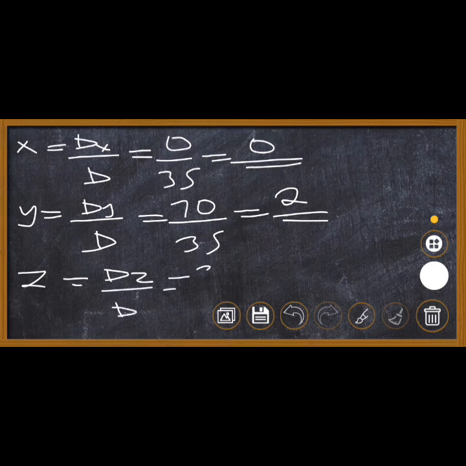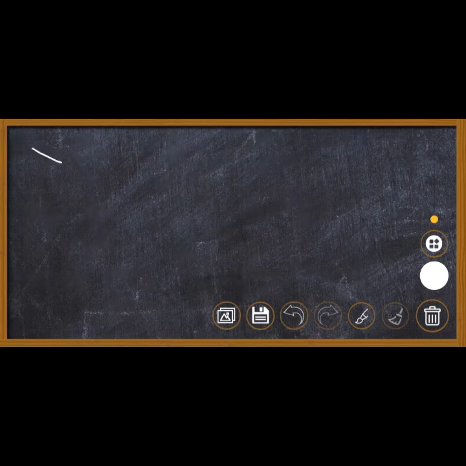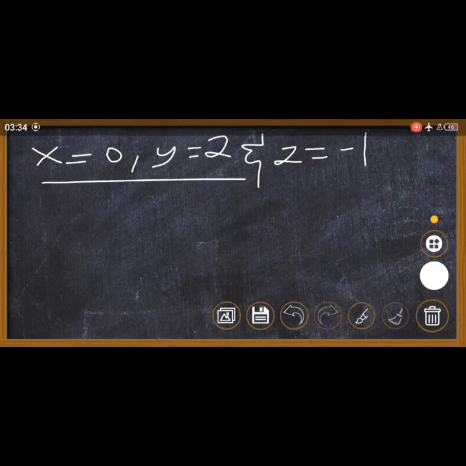It was negative 35 over the general determinant 35. So 35 into negative 35, it's negative 1. So these are our values. x is 0, and then y is 2. Then our z is negative 1. So these are the values.